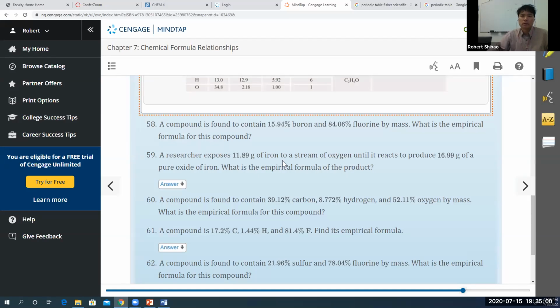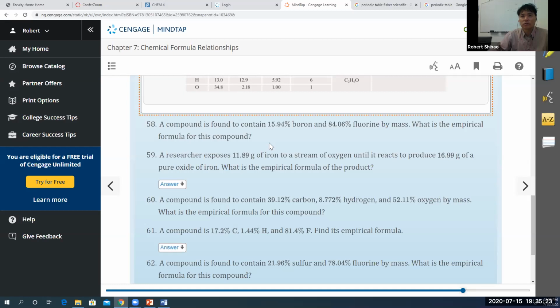Okay. And so in this case, we know we have 11.89 grams of iron, and we have 16.99 grams total. So 16.99 grams total minus 11.89 grams of iron gives us the grams of oxygen. First we've got to figure out how many grams of oxygen there are.